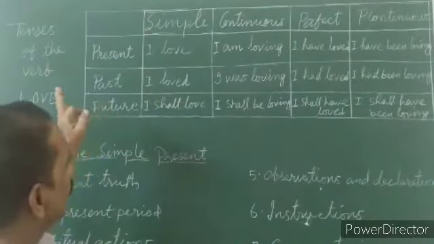Those of you who are not very familiar with the tenses, better you write the formula and practice. Suppose you say S plus V1, subject plus V1. Then you can take up everything and write: I love, we love, you love, he loves, she loves, it loves.